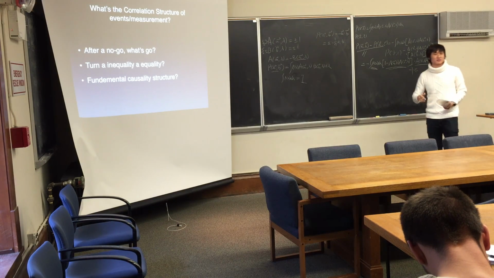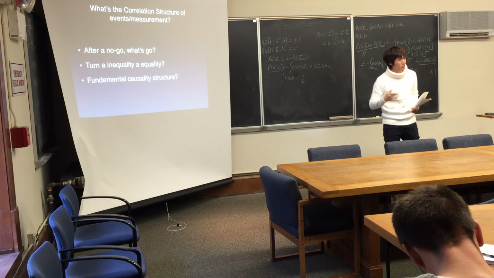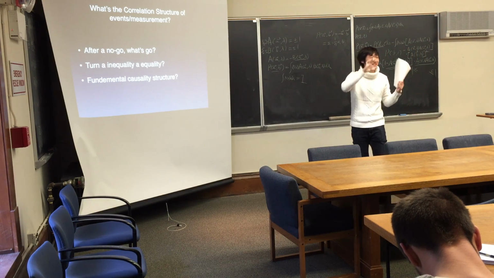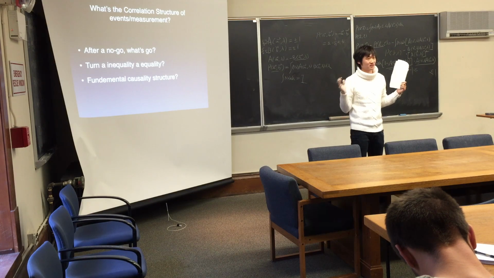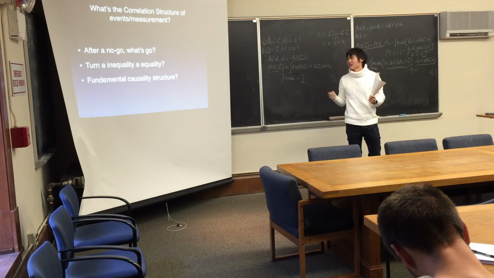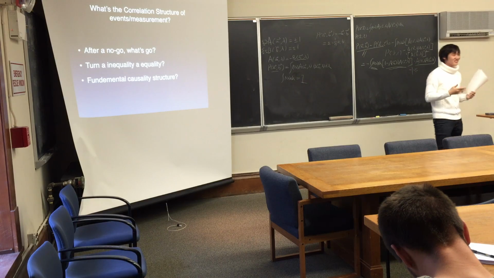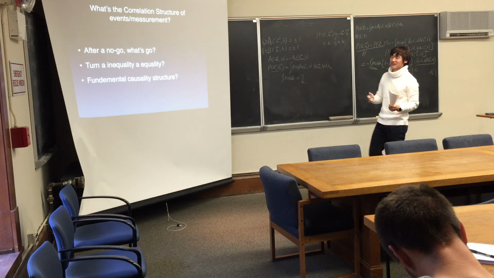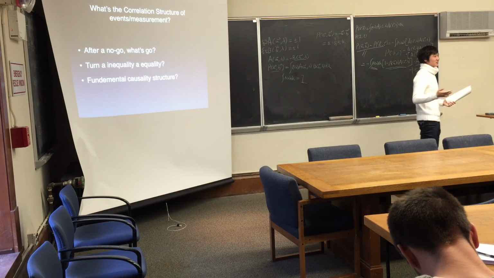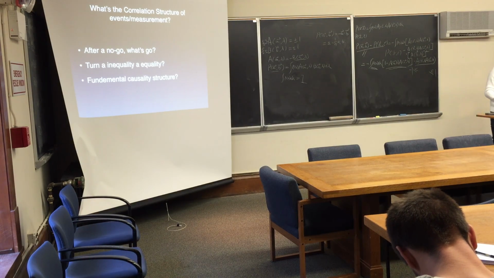After a no-go theorem, we still want to find something that can describe the causality structure of our nature, or at least the correlation structure, right? Mathematicians may think another way, like turning inequality into equality. That's something we could think about, and that actually leads to graph theory.